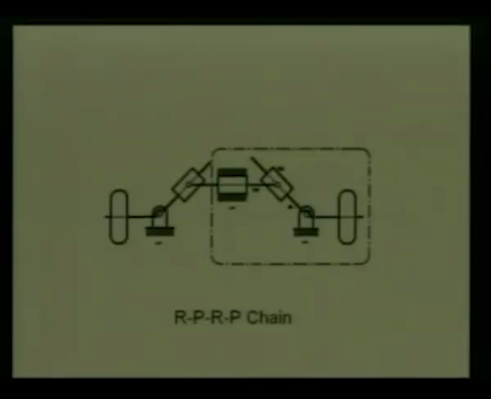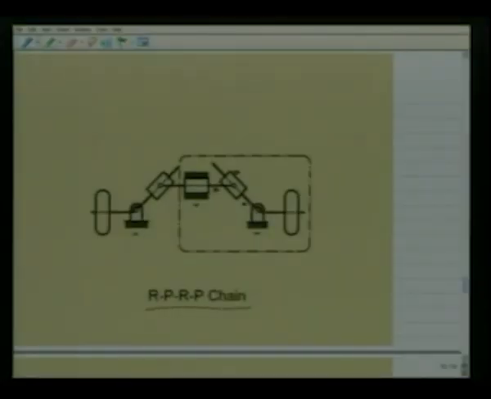Now that we have discussed different inversions from an RRPP chain, let us go back to another 2R2P chain, namely the RP-RP chain. We consider here only the portion covered by these dashed lines.